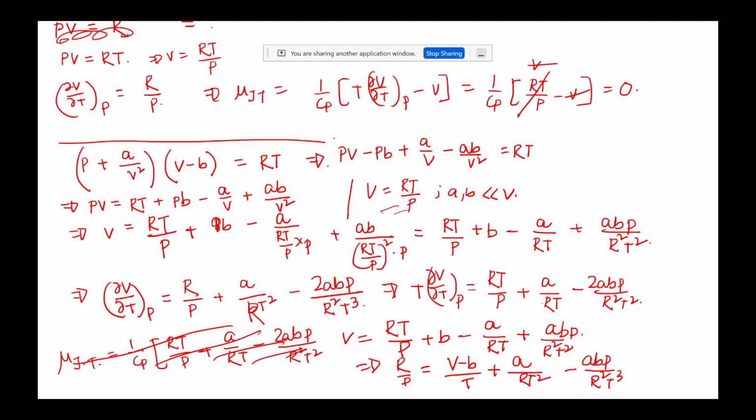So what do I mean by this? This RT by P, if you multiply this, there will be V minus B, and this B will cancel out, so there will be minus A by RT, ABP by R square T square, and there will be A by RT, so these will probably add up.